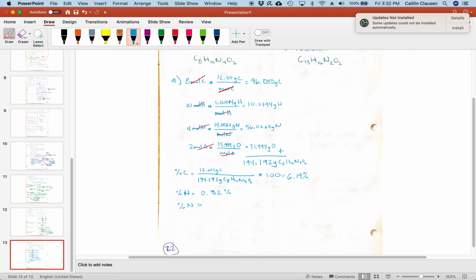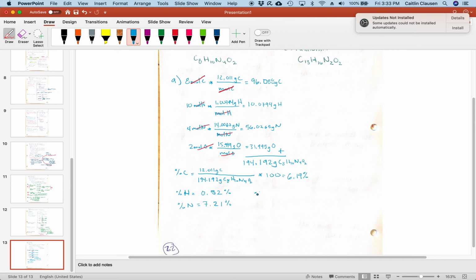Nitrogen would be 14.0067 divided by 194.192 times 100. That's 7.21%.